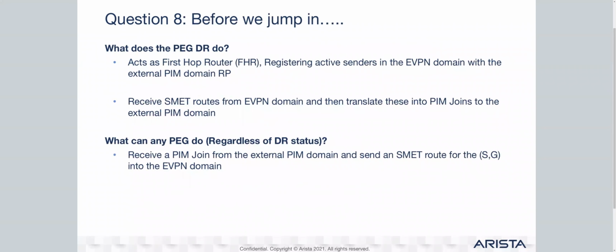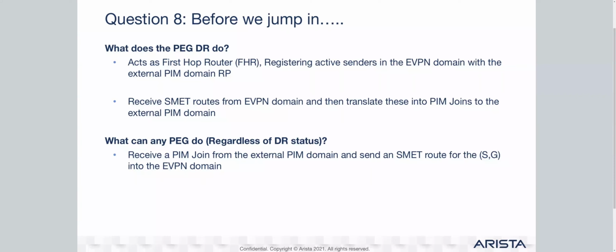All right, so before we jump into our little tale of the PEG scenario, what does the DR actually do? So first, it acts as a first hop router. So it'll register active senders that are in the EVPN domain. So if it receives one of those feeds, it'll send a PIM register message to the rendezvous point in the external PIM domain, just so it's aware that there is a sender or source active.